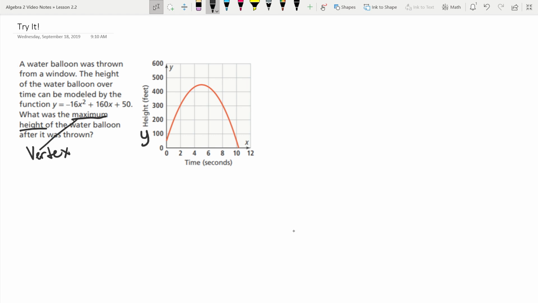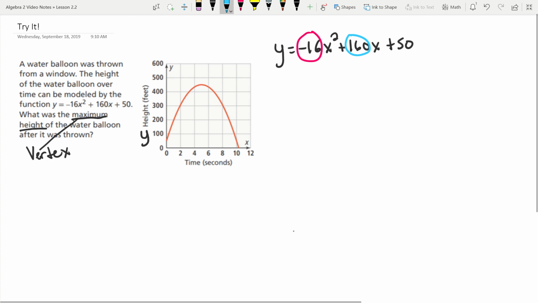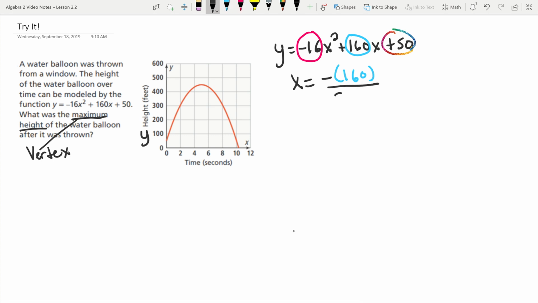So in order to do this, we need to break this equation down. So let me rewrite it again. So we need our A, need our B, and that's our C. So x equals negative 160 over 2 times negative 16, we get negative 160 over negative 32, which goes into it 5 times.